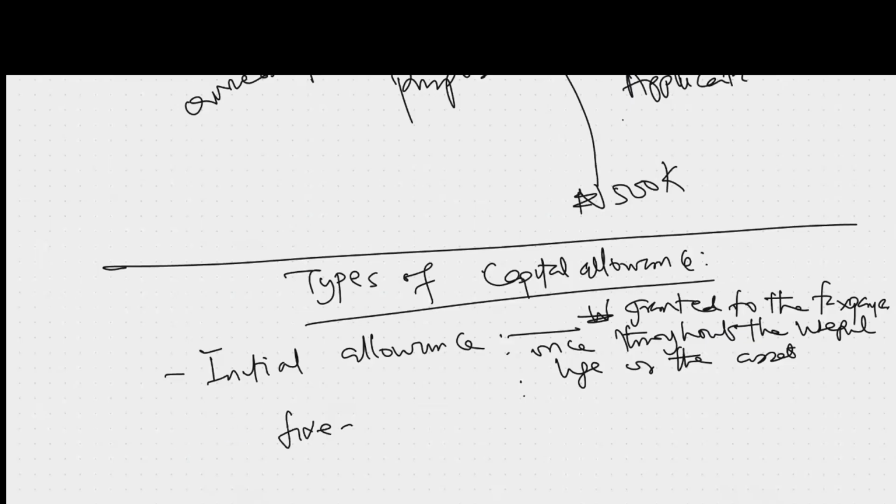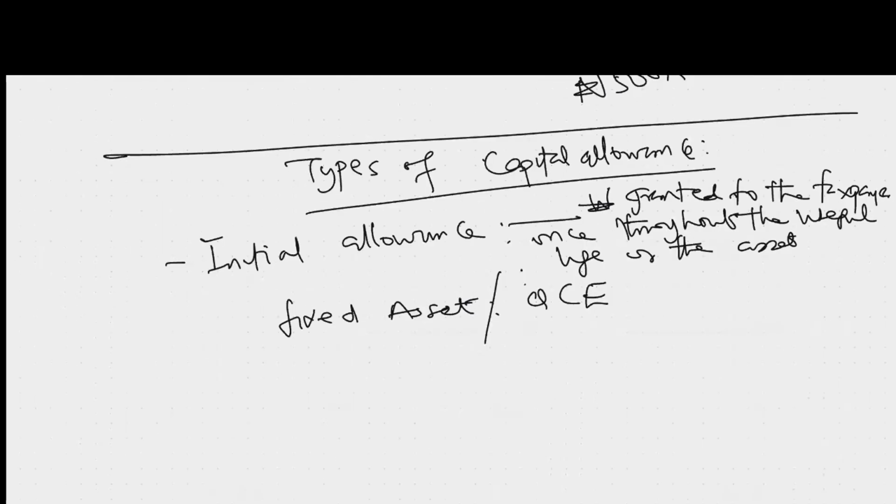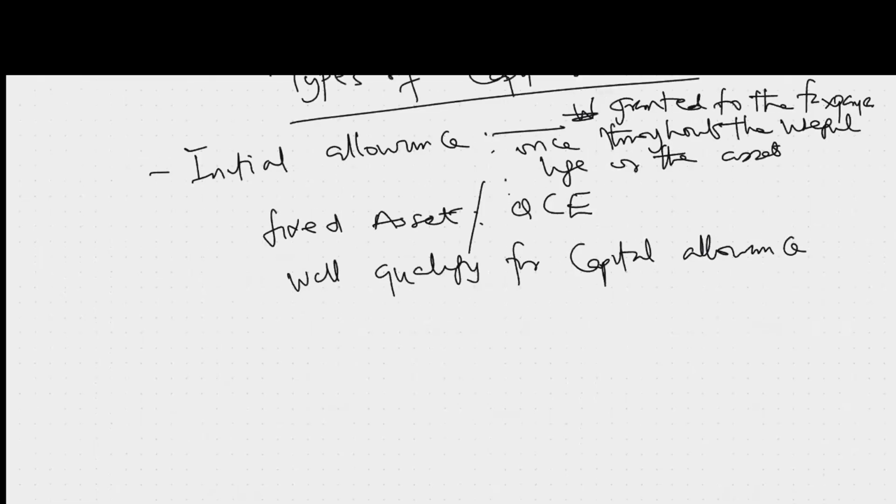But I quickly gave you the difference between fixed asset and qualifying capital expenditure, by saying that not all assets will qualify for capital allowance. Take, for example, land.